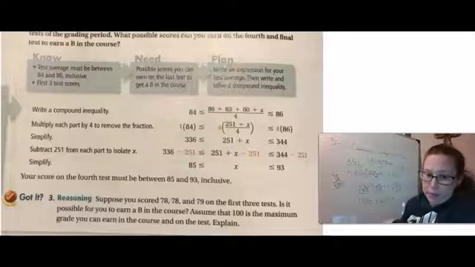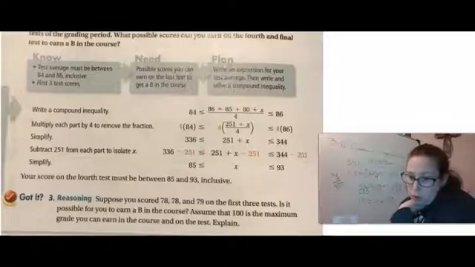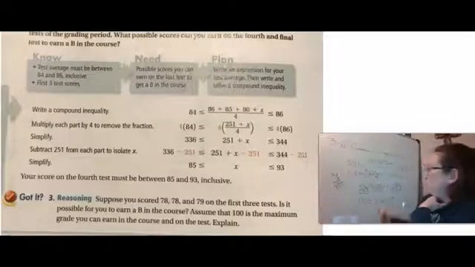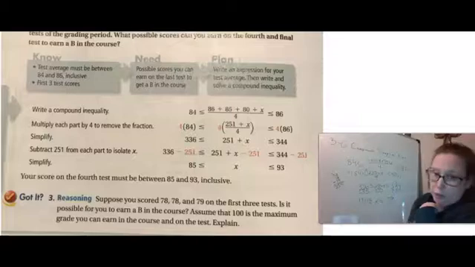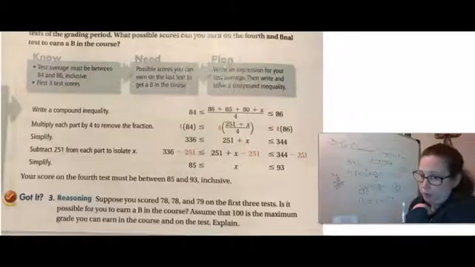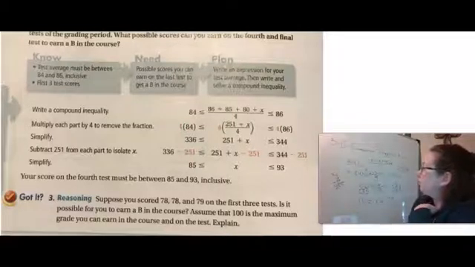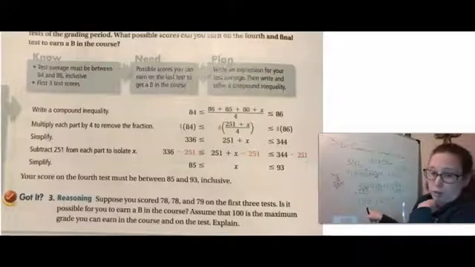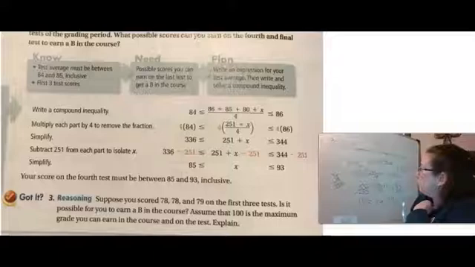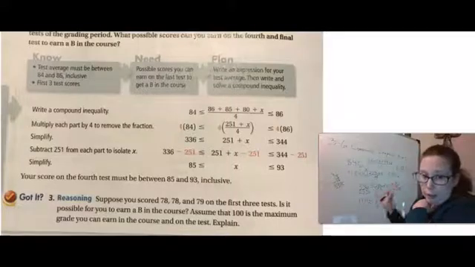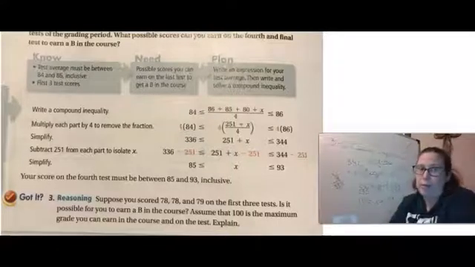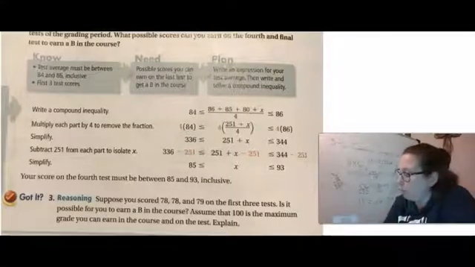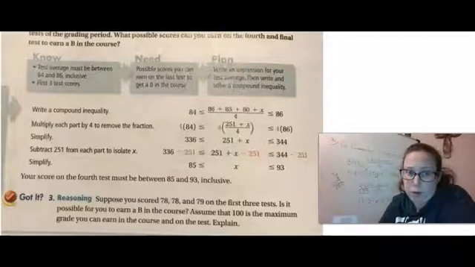And in the problem, it said that we were to assume that 100 is the maximum, which means, unfortunately, for the student, there is no possible way for them to get a B for the quarter. They would have to get a very high mark on this test to earn a C for the quarter. So that would be got it 3. And we can now move on to problem 4.